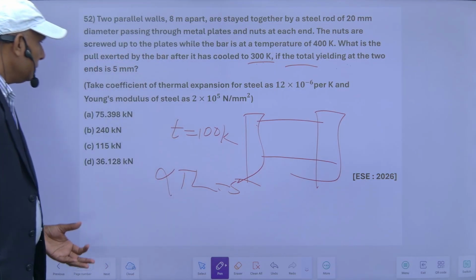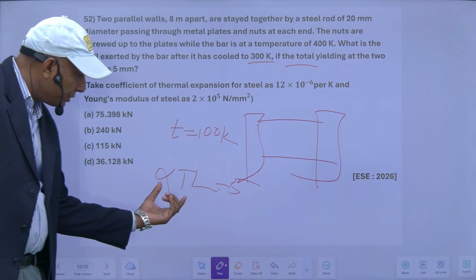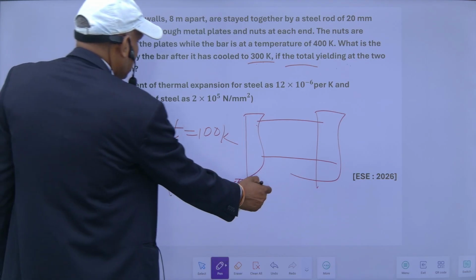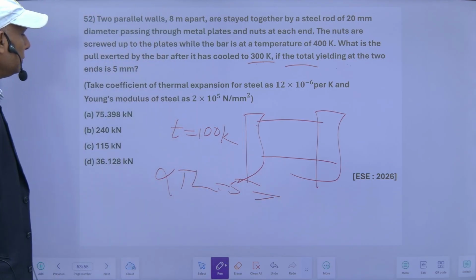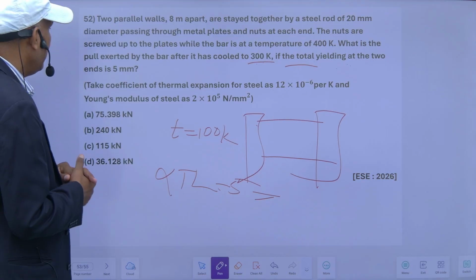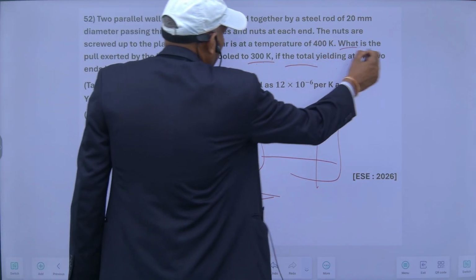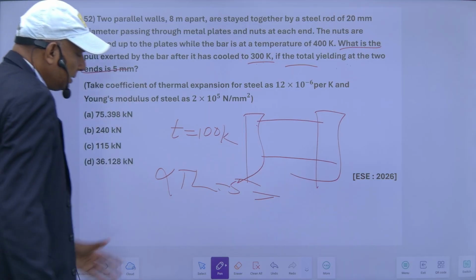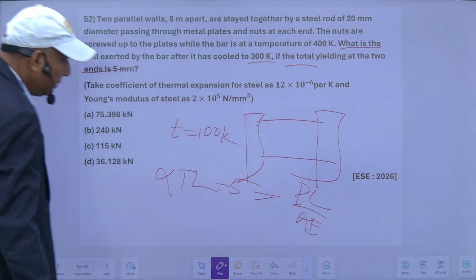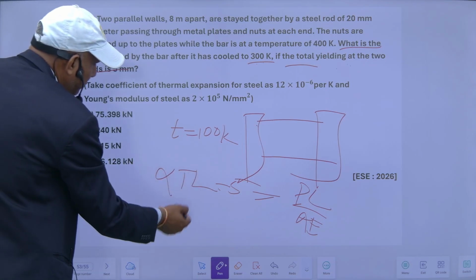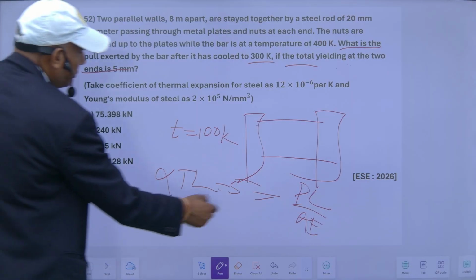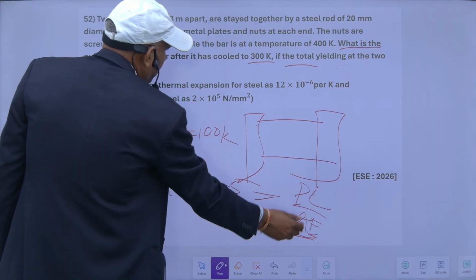So this is free expansion minus the yielding which is permitted, and that will be equal to the pull exerted, since I have to find the pull exerted. So pull exerted will be equal to PL upon AE. So alpha TL in case of free expansion, and this much yielding is permitted, so that should be equal to the deformation due to external load.